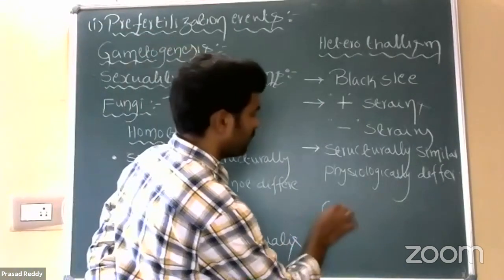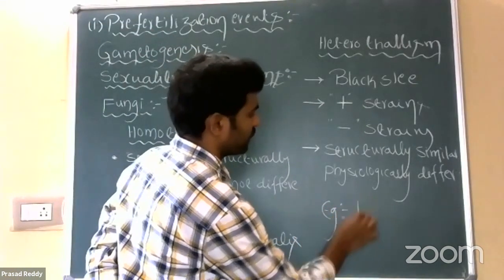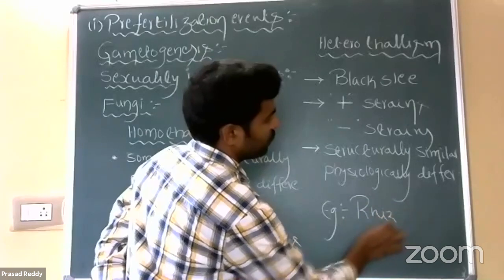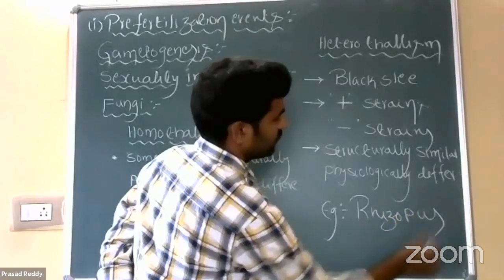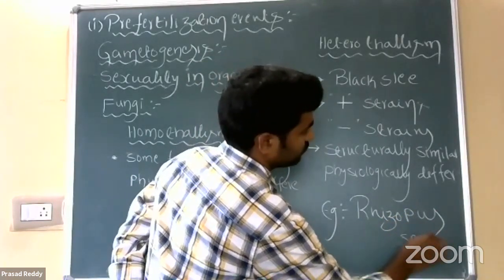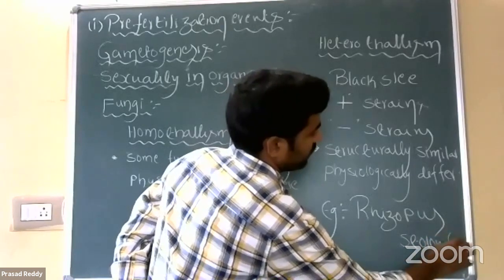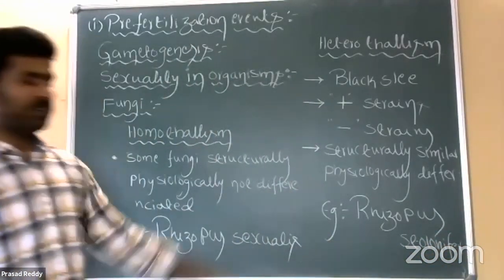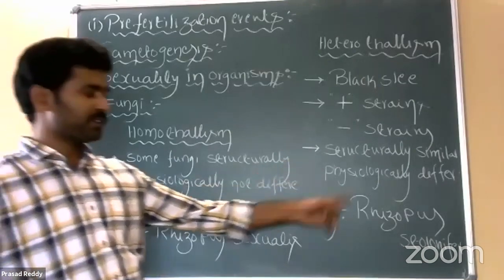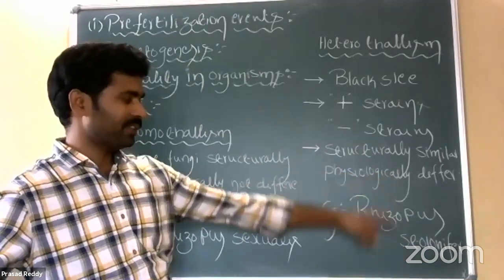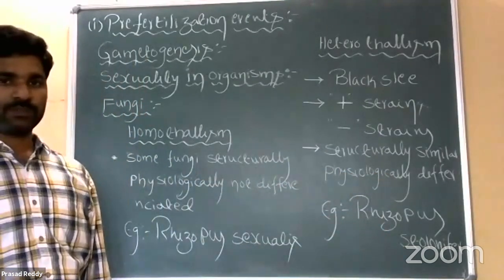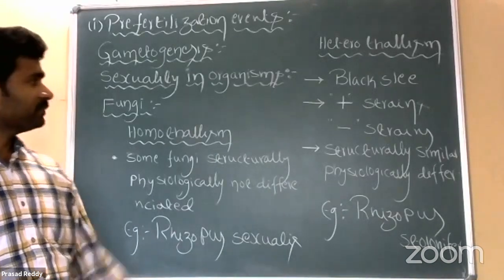The best example is Rhizopus stolonifer. It is one scientific name only: Rhizopus stolonifer. Rhizopus genus, stolonifer species. Okay, right?